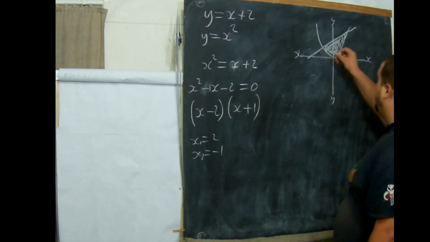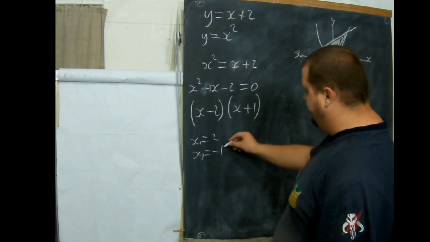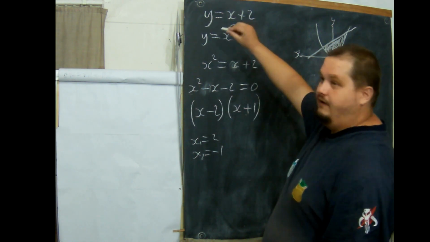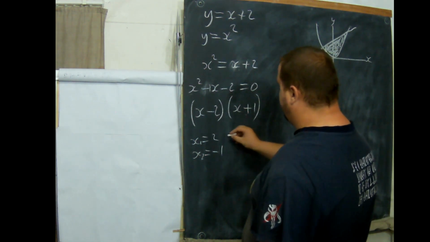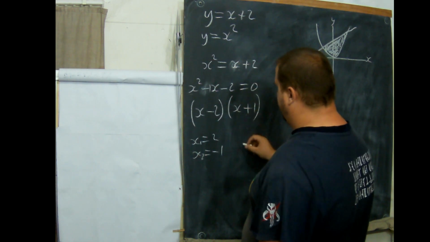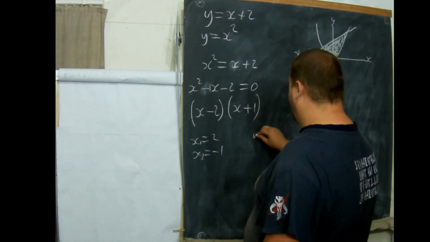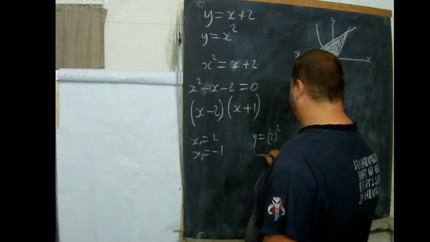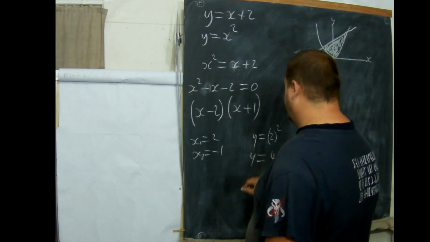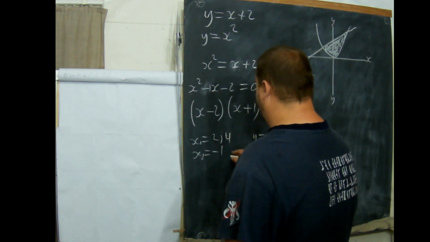You can also plug in any of these values to get a value for y, so we'll do that as well. We plug 2 into x squared, so y is equal to 2 squared, which is 4. That's 2 and 4.